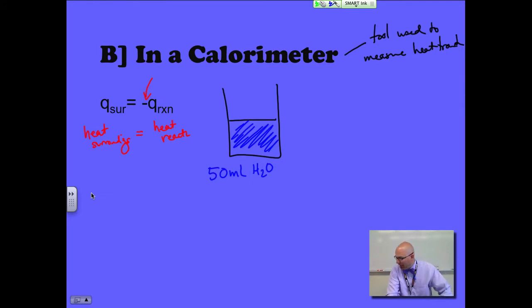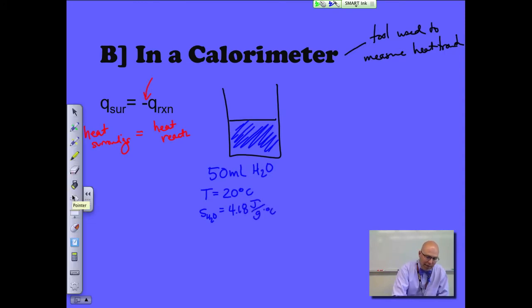And if that 50 milliliters, we take a temperature of that, and it's 20 degrees Celsius, room temperature water. And we also know our specific heat of water, 4.18 joules per gram degrees Celsius.